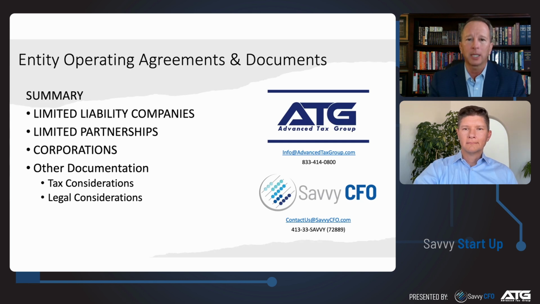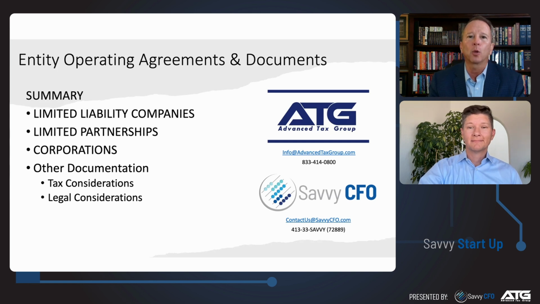So when we're looking at all of these things, this is what we do on a regular basis. We work with clients, we help them to make sure that they have all those I's dotted, the T's crossed, so that when the time comes that, sadly, we live in a society where lawsuits are running rampant. So it's not a matter of if you'll be sued, it could be a matter of when.